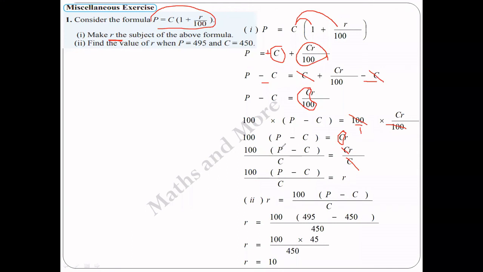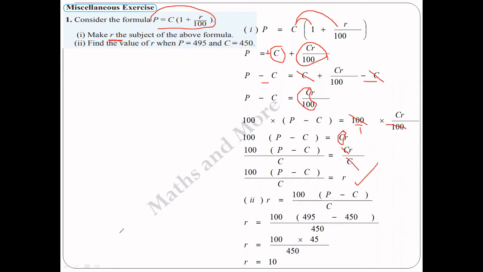There's a subtraction, and both are inside the bracket, so you have to take both terms as a unit. Only if it is a common factor can you cut. Otherwise, you can't. Now to remove the C, we divide both sides by C. Then R is the subject now, because R is on one side and the other terms are on the other side. Now, the first step is over.